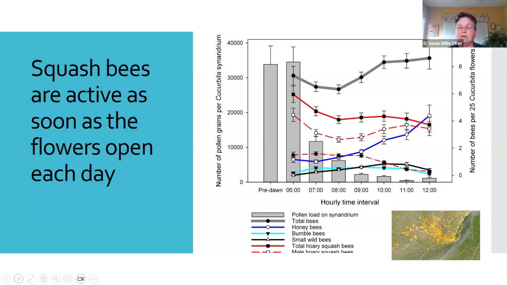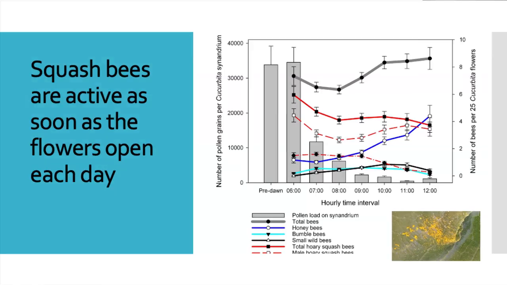On the left-hand side you see the number of pollen grains in the cucurbita system. If we just look at the gray bars, what you see quickly is that pollen is really, really highly available until about 7 o'clock. And then when you move from the 7 to the 8-hour period, you almost have no pollen. And this is simply because it has all been removed by bees.